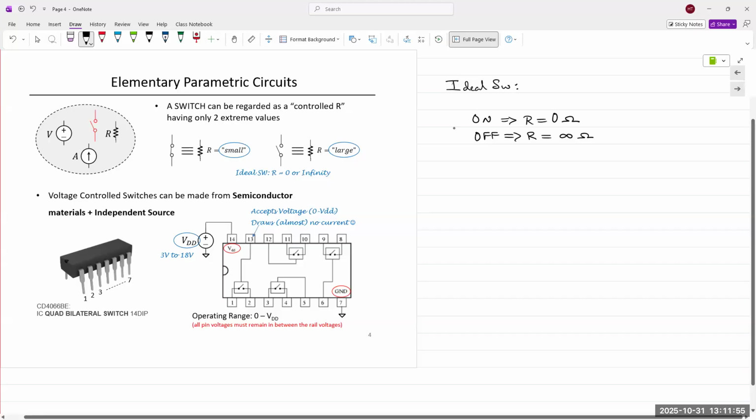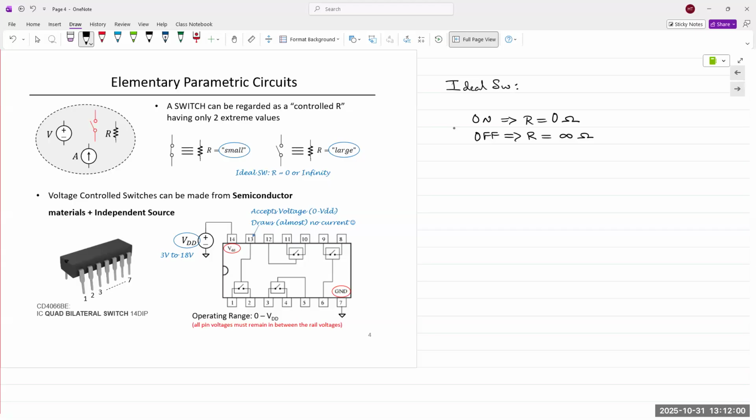Now switches can come in a variety of physical shapes and sizes, but we can also implement switches using semiconductor devices. There are special purpose transistors that we can use as a switch. These form the primary backbone of digital logic circuits, right?